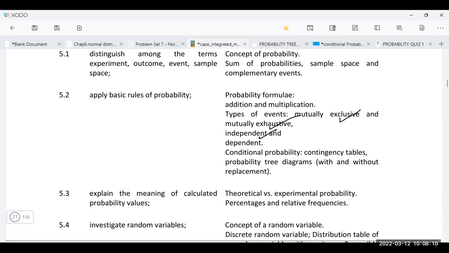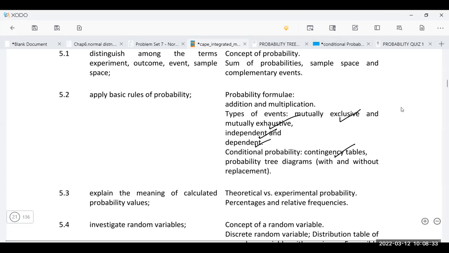Dependent just means it's not independent. We look at conditional probability, and we look at all forms of it with tables as you saw. And we did other conditional probability because they will ask you other conditional probability. They can ask you from a table, or they can ask you to do it with pure calculation.